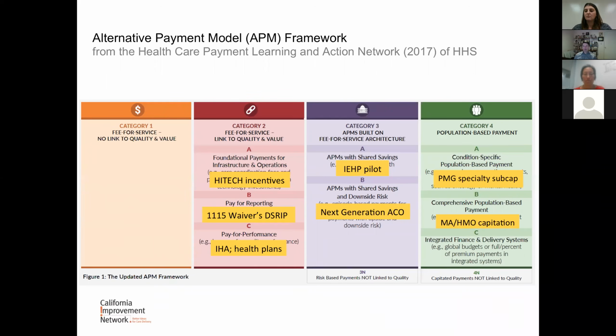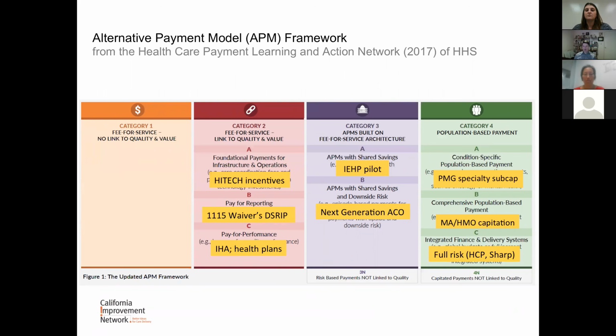Some of you may be familiar with that. Capitation, the comprehensive population-based payment. That's another way to talk about capitation payments, where the provider organization or the provider gets a set amount per person, and they need to manage all the care within that. And then finally, full risk is an example of this last category within the population-based payments.